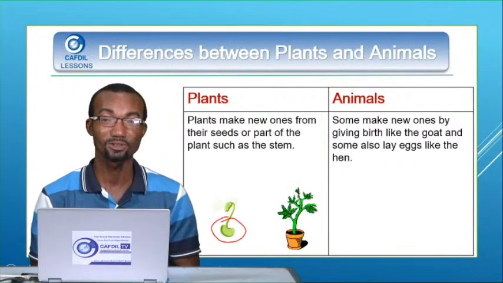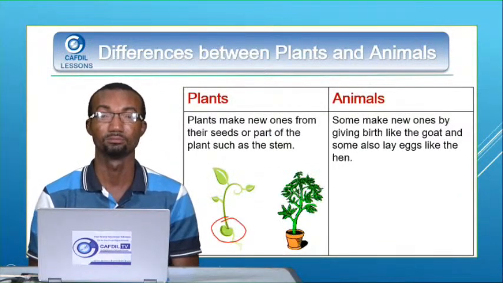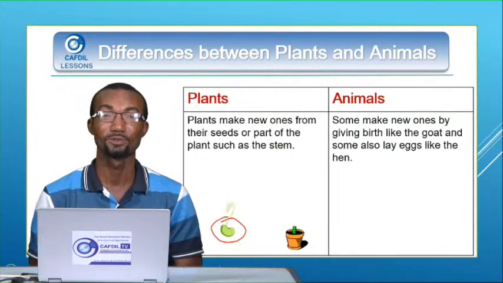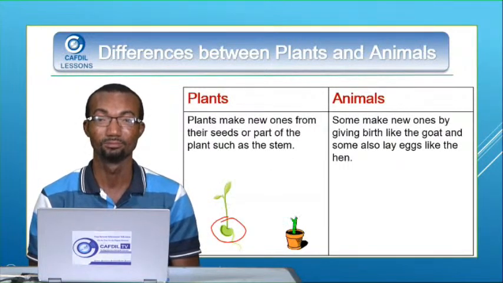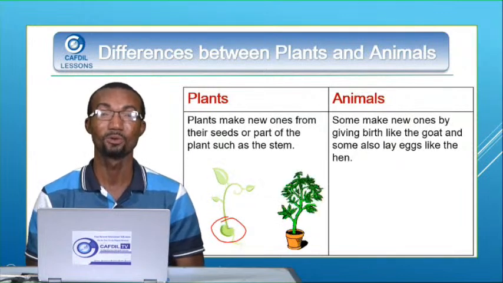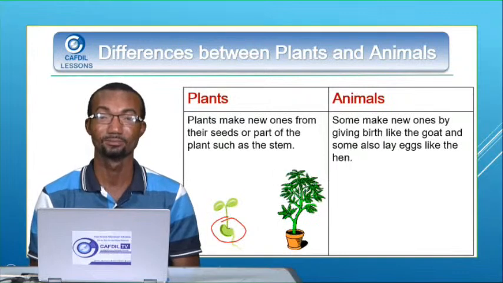So, Kate, what are some of the examples of plants that you can grow by stem? Plants that you can grow by using the stem. I know one common example is the plant cassava.